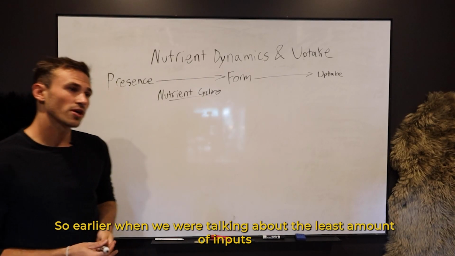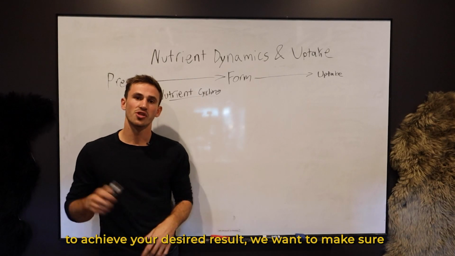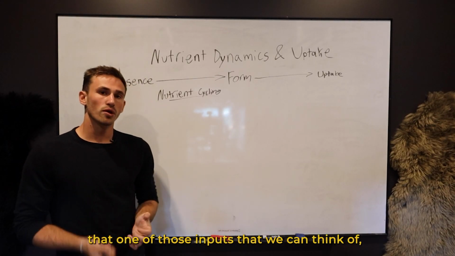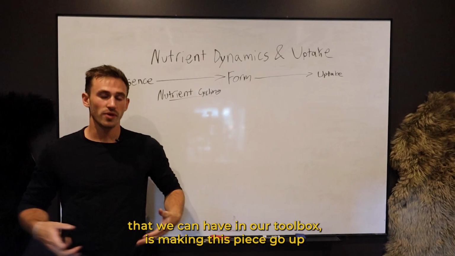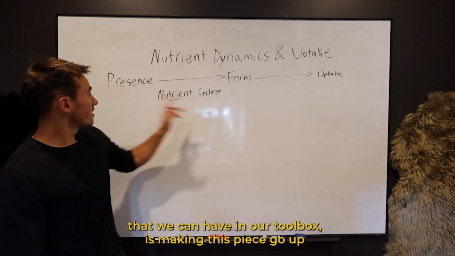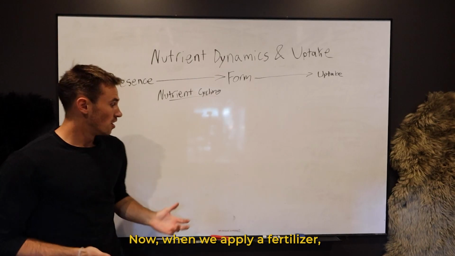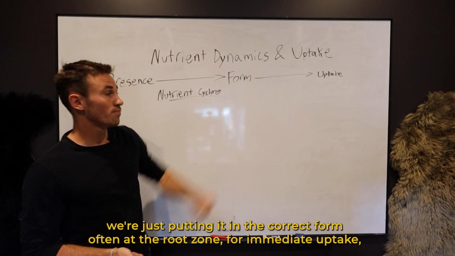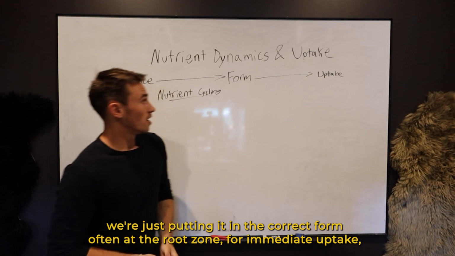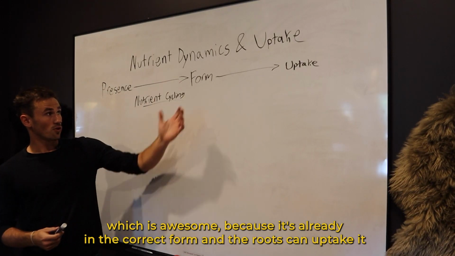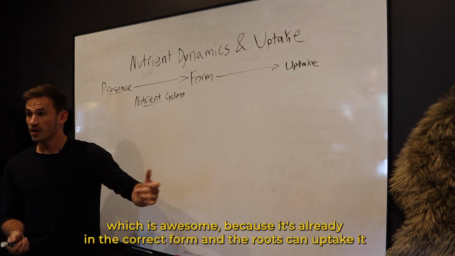So earlier when we were talking about the least amount of inputs to achieve your desired result, we want to make sure that one of those inputs that we can have in our toolbox is making this piece go up. Now, when we apply a fertilizer, we're just putting it in the correct form, often at the root zone, for immediate uptake, which is awesome because it's already in the correct form and the roots can uptake it.